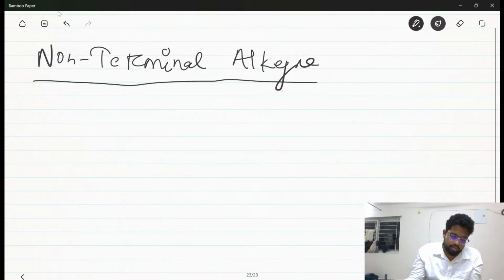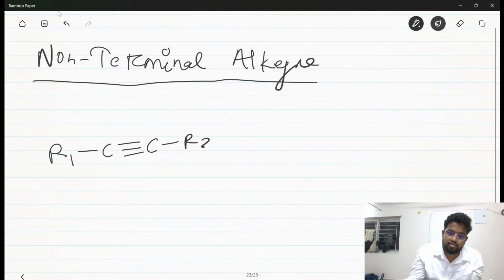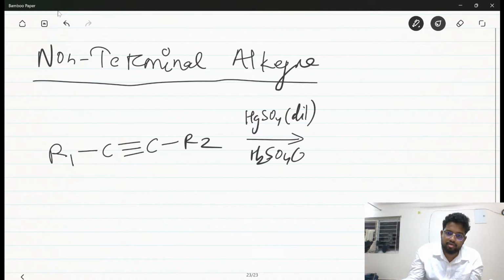See, on this non-terminal alkyne, how to write: R1 C triple bond C R2. Now in this again, Kucherov, HgSO4 dilute, H2SO4 dilute. When you add these two components, what will happen?